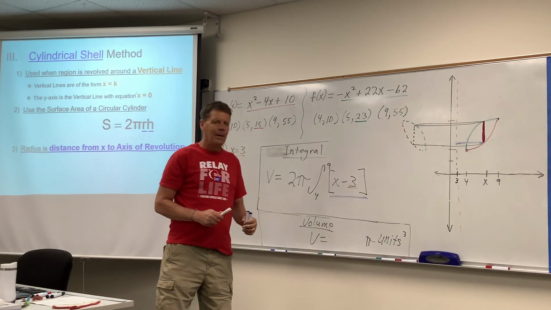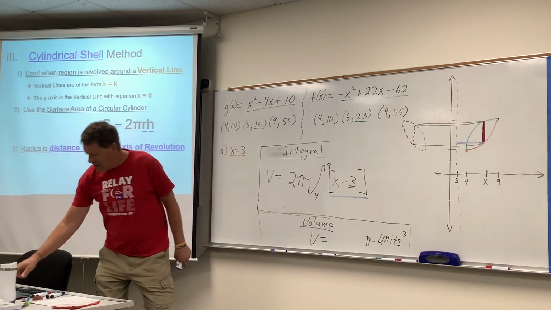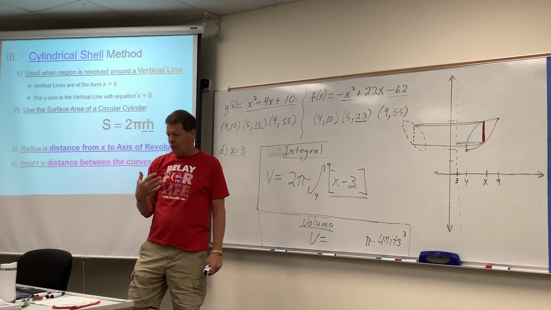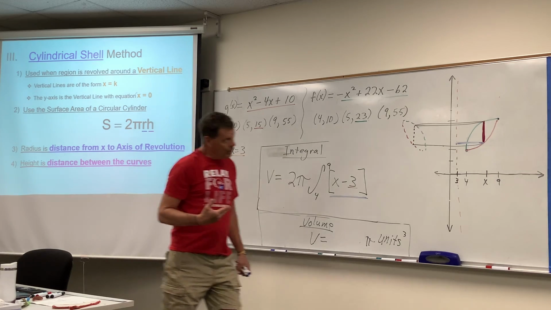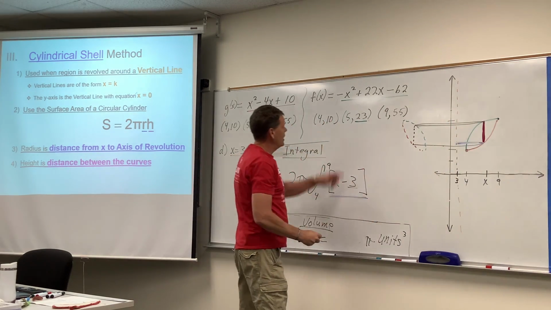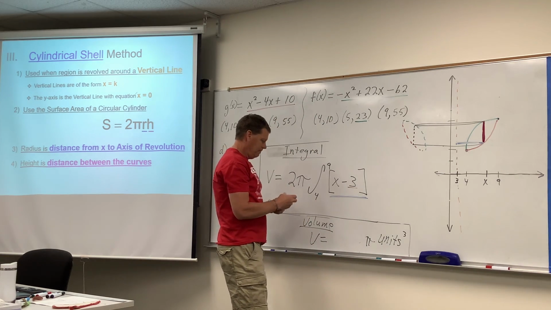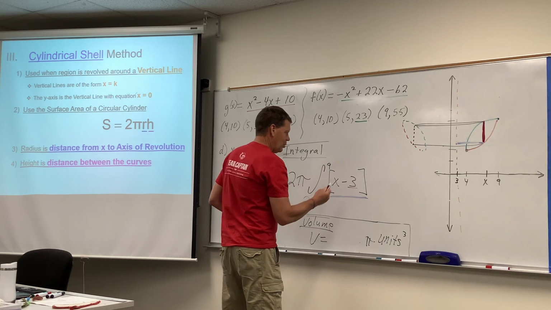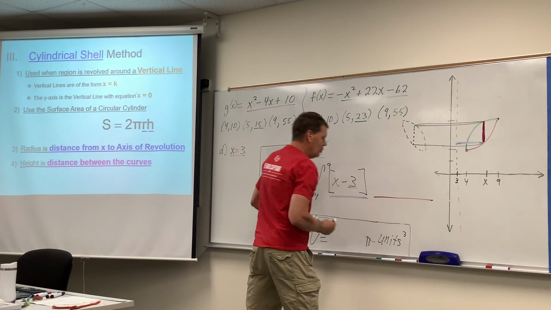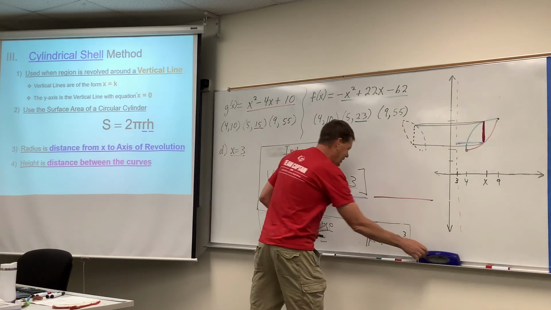All right? And then the height, wouldn't the height be the distance between the two curves, which would be upper minus lower, which in this case would be this minus this, wouldn't it? Okay? So height, purple, would be upper curve minus lower curve. I've written too big here.